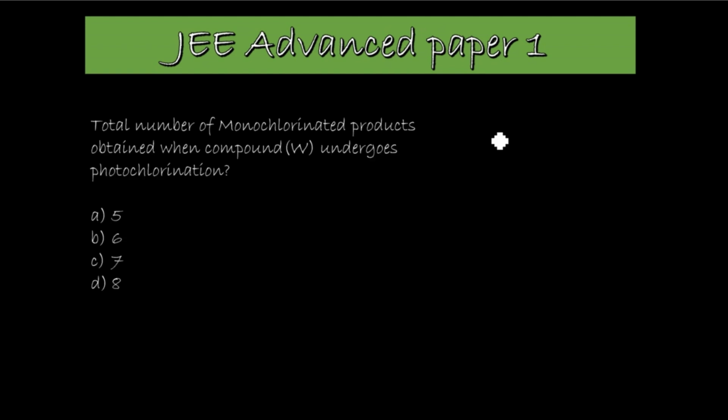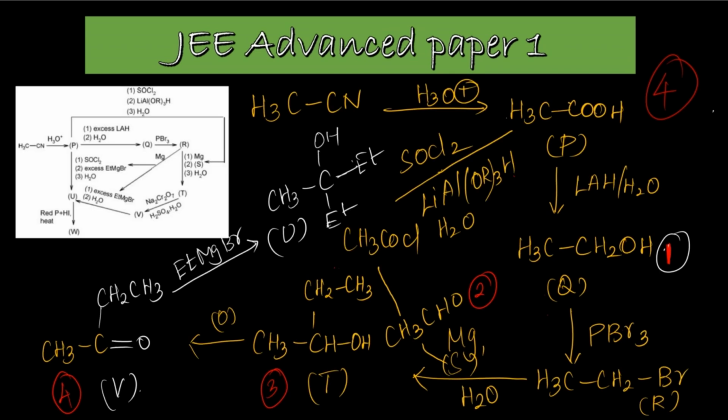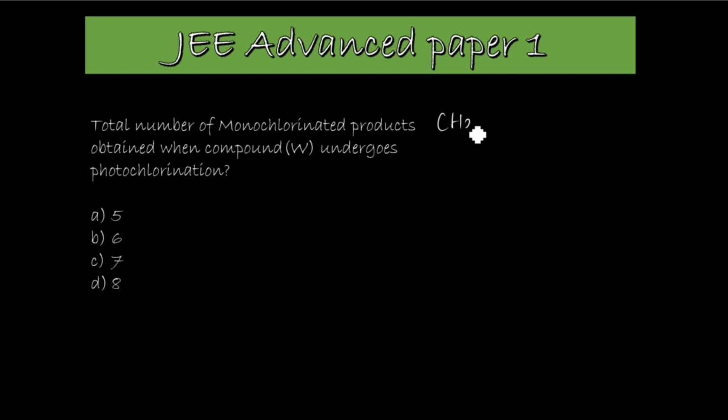Then moving on, let's see this question which is related with the previous one. Total number of monochlorinated products obtained when compound W undergoes photochlorination. So first of all, what is compound W? Which is formed from our tertiary alcohol, isn't it?